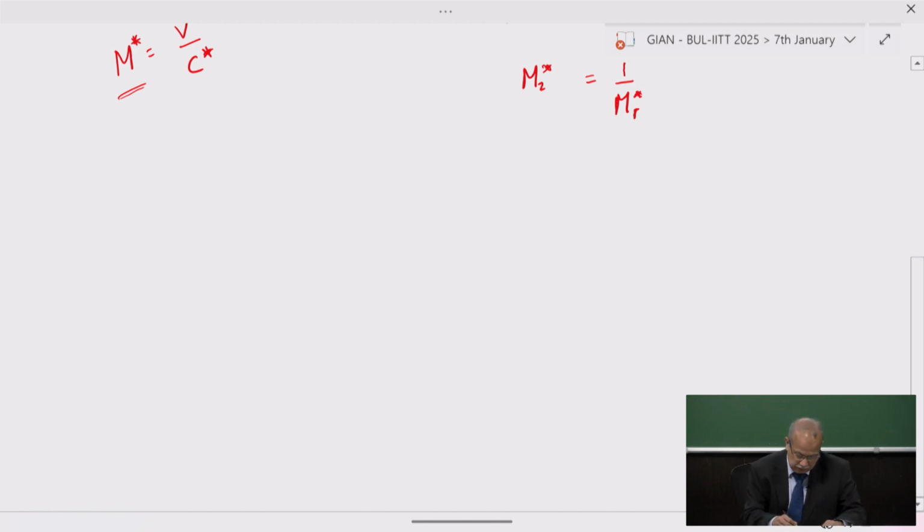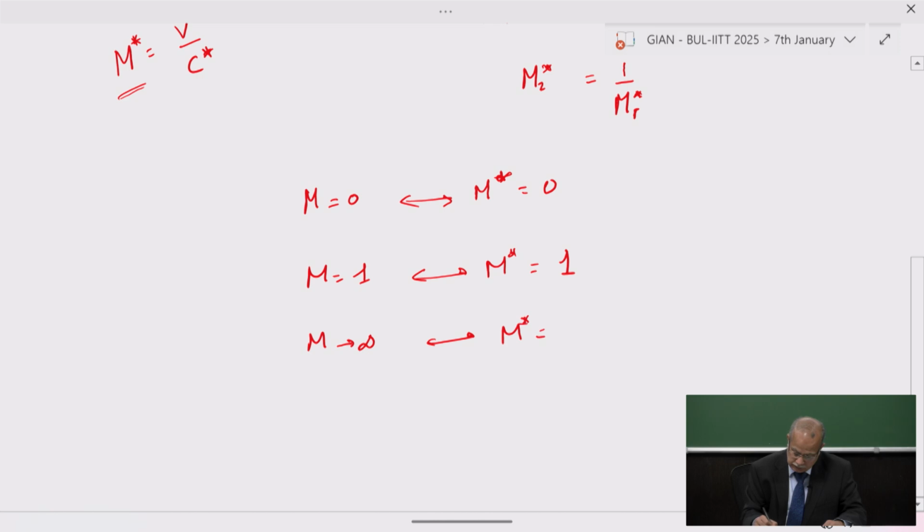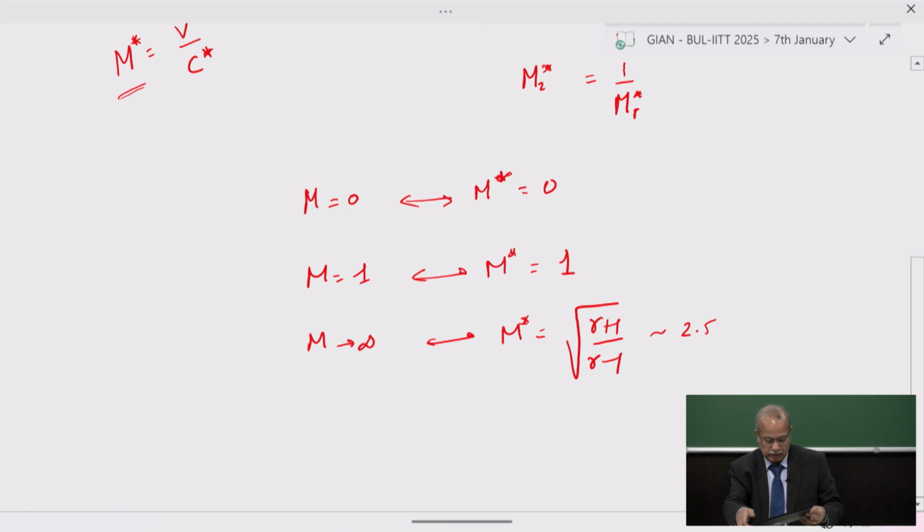The maximum value is, for example, if M is equal to 0, then the characteristic Mach number is also 0. If M is equal to 1, then the characteristic Mach number is also 1. If M tends to infinity, then the characteristic Mach number becomes finite, equal to the square root of (gamma plus 1) by (gamma minus 1). For air, it is approximately 2.5. Okay, so that is what Prandtl proposed.